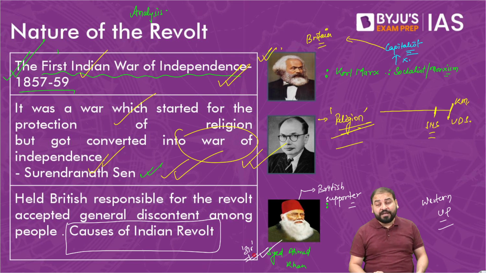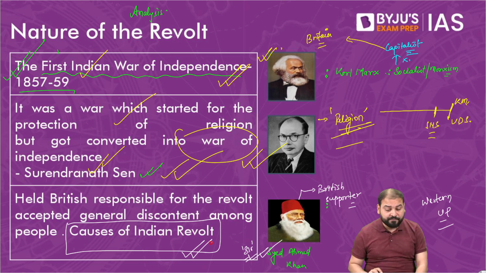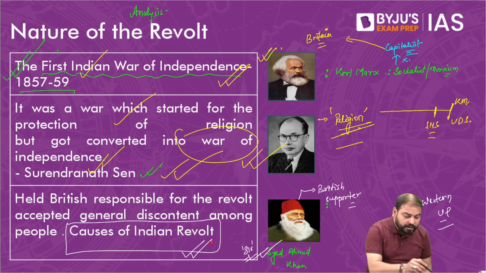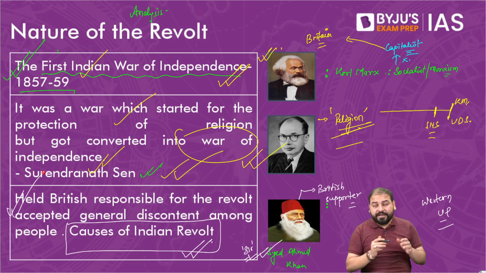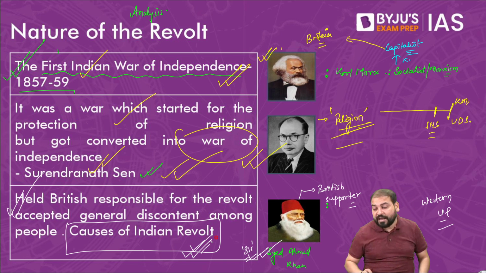Sayyid Ahmad Khan says that some of the policies of the British have led to discontent among the people, and that is resulting in a revolt at this point of time. Everyone, am I clear that he is saying it is the Britishers and their policies who have resulted in Indians becoming angry?